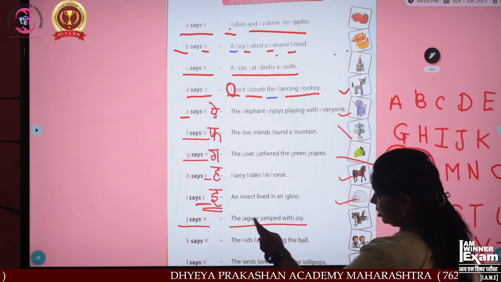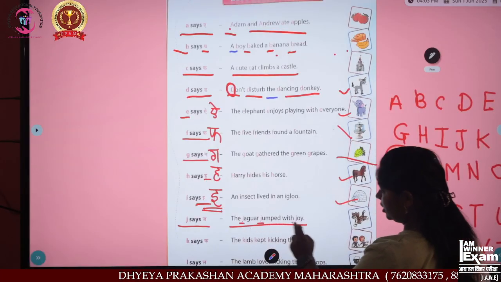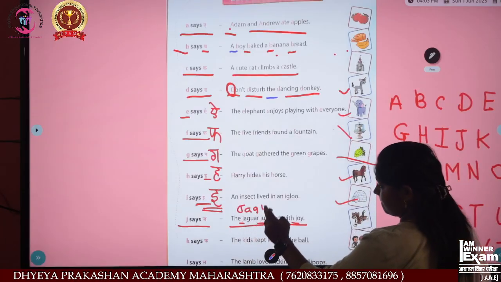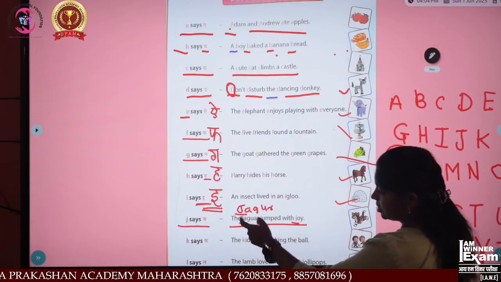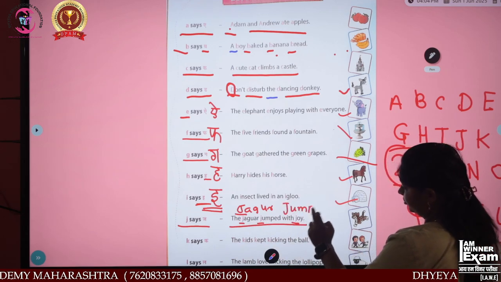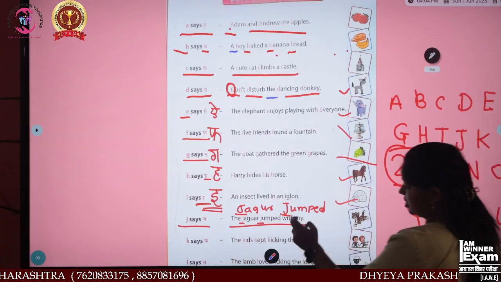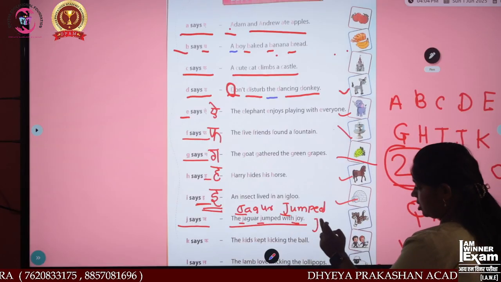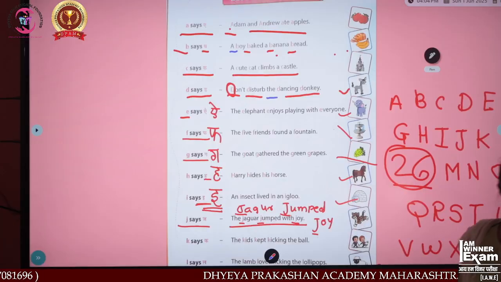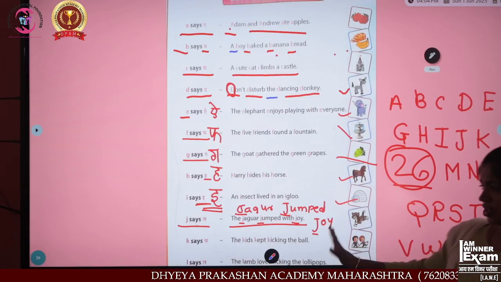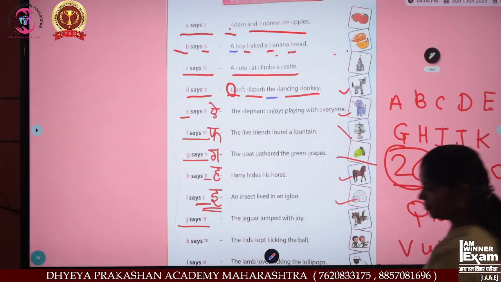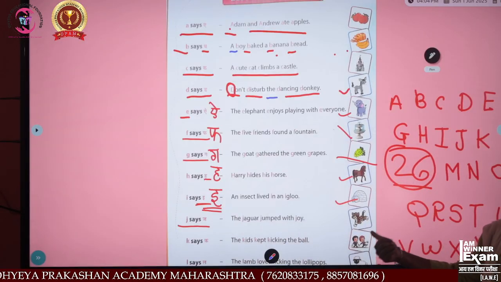Juggler. J says J. Jump. Joy. Juggler jumps joy.